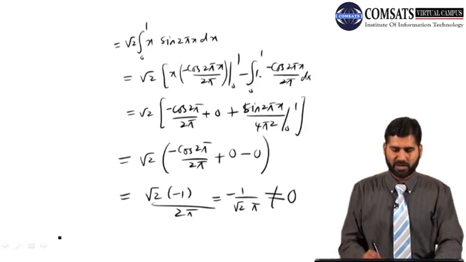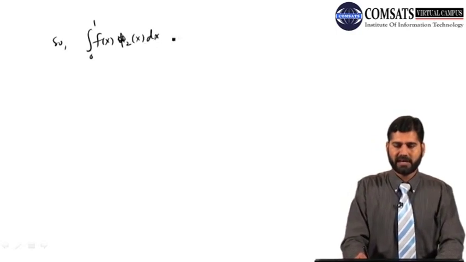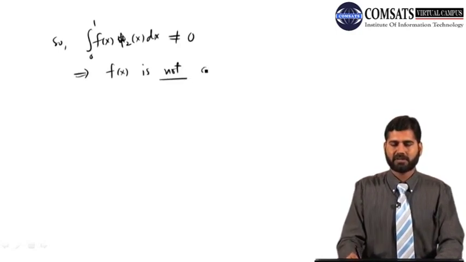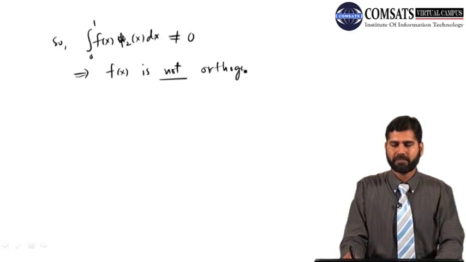If it is not equal to 0, it means that the integral from 0 to 1 of f(x) u2(x) dx is not equal to 0. This implies that f(x) is not orthogonal to u2(x).